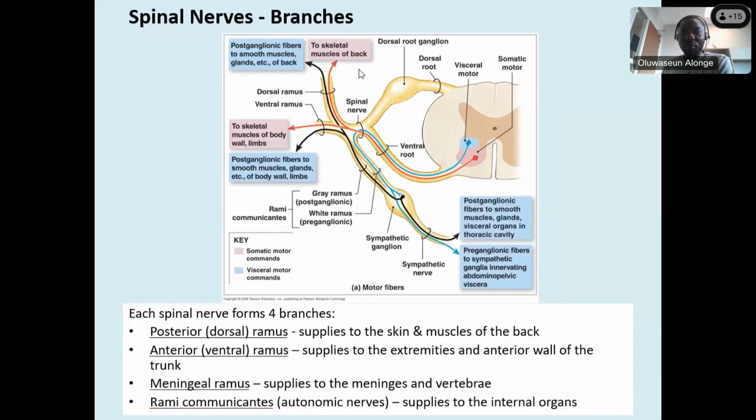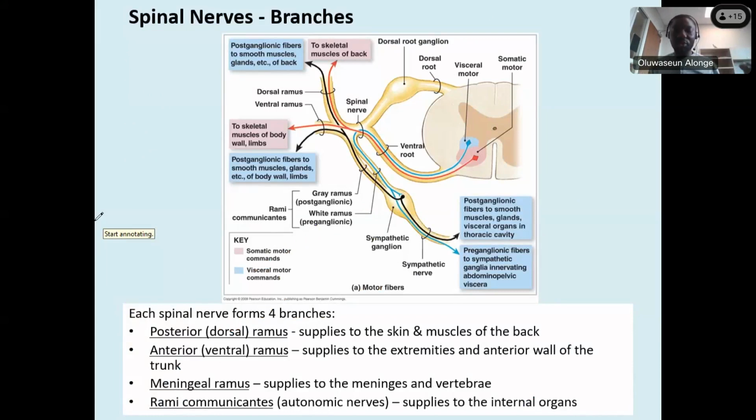The anterior and posterior roots originate from the spinal cord and form the spinal nerve. That means each spinal nerve has 2 roots, the anterior root and the posterior root. Then the roots form the spinal nerve.